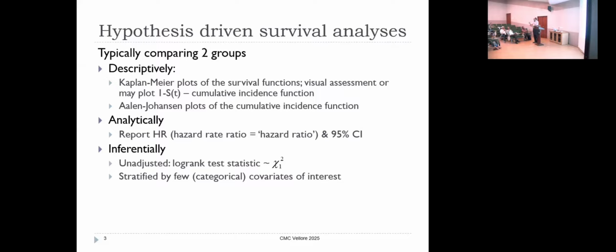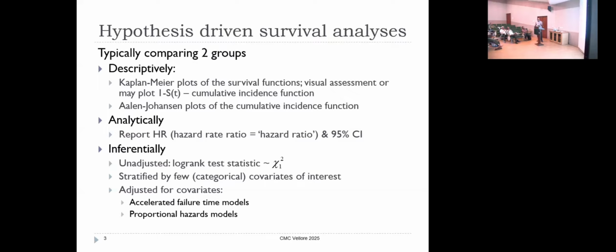So when we want to look at handling potential variables that may impact what I'm observing, then we are forced to do other ways of adjusting for regression. And we have proportional hazards models, and something that people do not really know very well, but I'll tell you about it because it exists. It's accelerated failure time models. We don't use those as much. Why? Because they're not so easy to interpret.